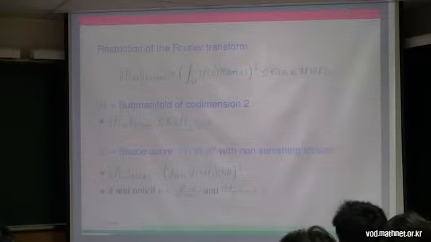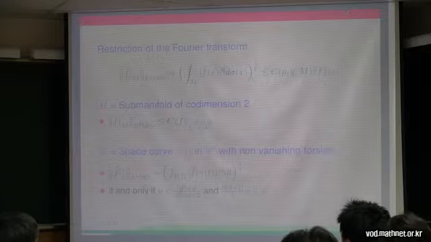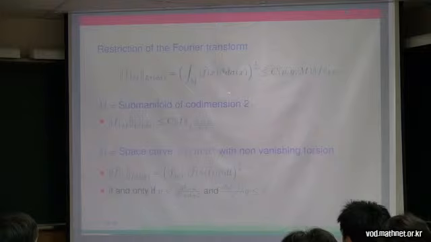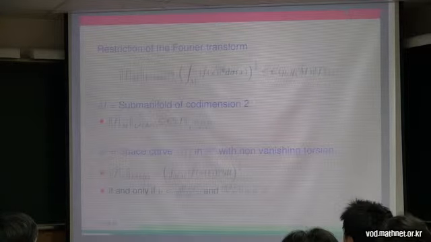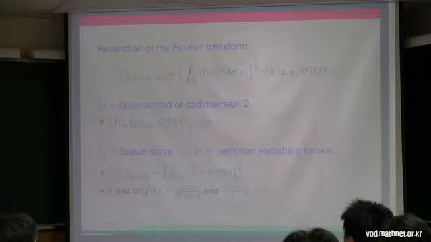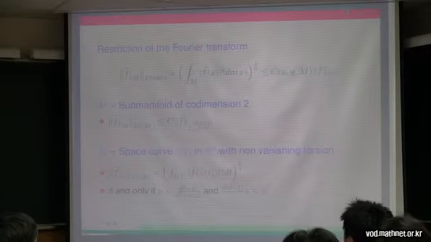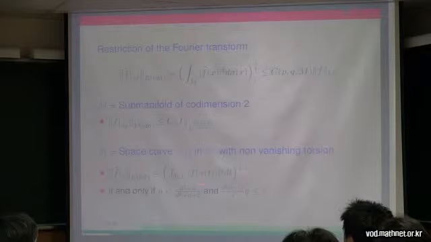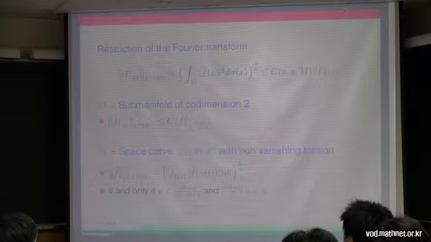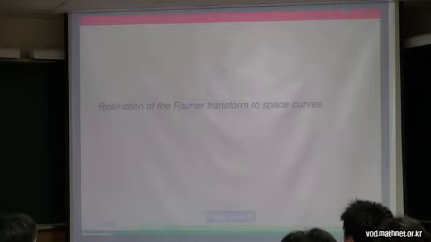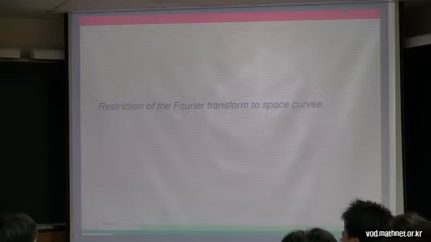And then if we choose M to be a space curve in R^d with non-vanishing torsion, then this operator can be written like this. In this case, it is well known that these conditions are necessary and sufficient. So let me give some more details about space curves.